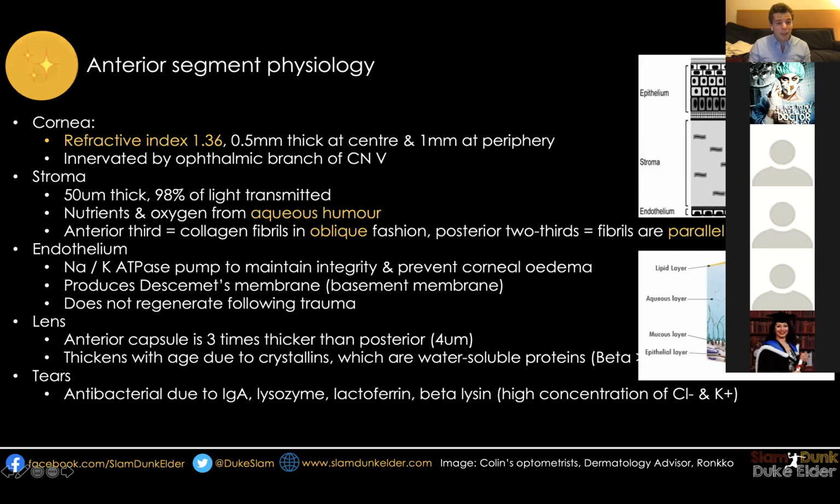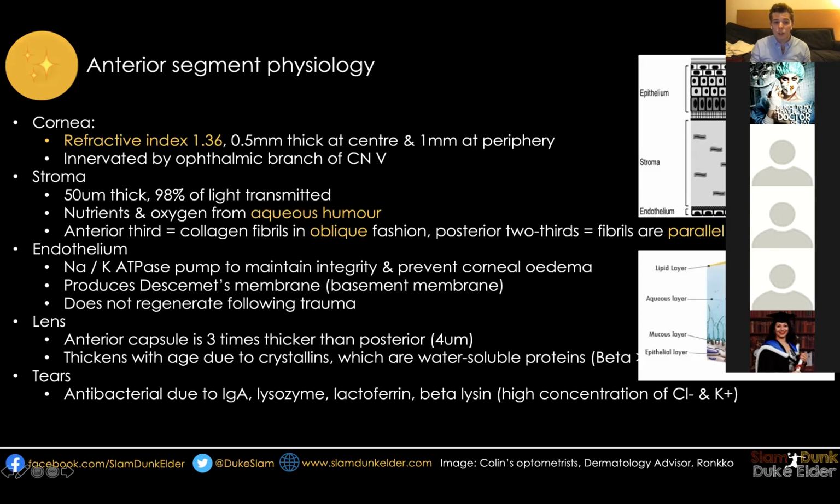The lens is 3 times thicker than the posterior segment. Remember how Razor talked about the lens being like an M&M peanut? It has an outer sugary coating, then the chocolatey layer, and then the nut on the inside. The capsule is the outer sugar coating of the lens, and it is 3 times thicker anteriorly compared to the posterior, so 12 micrometers anteriorly and 4 posteriorly.